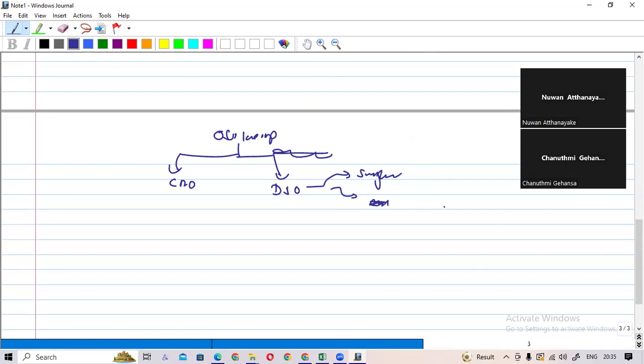DSO is very important and very easy. The main component of a DSO is again the analog to digital converter, ADC. Then we have a processor.